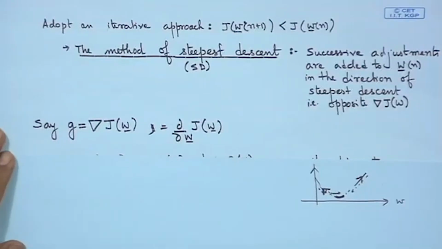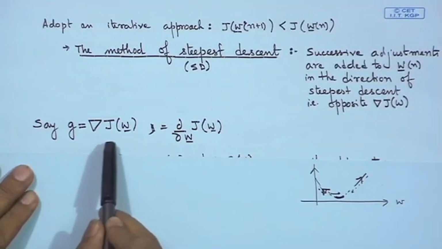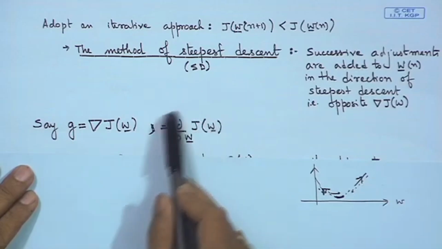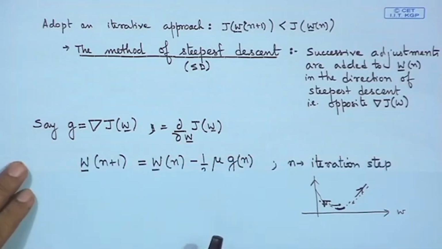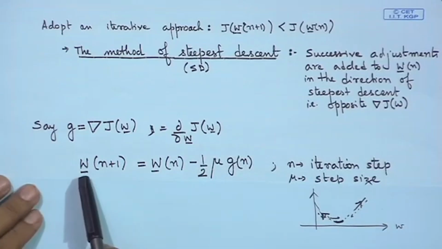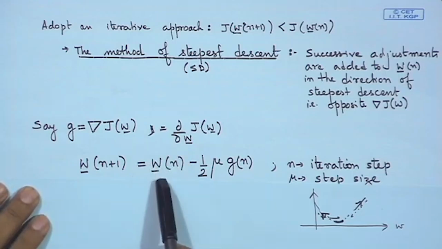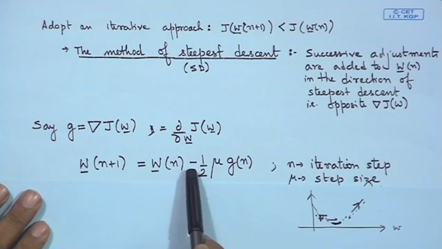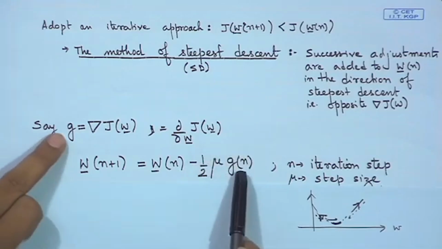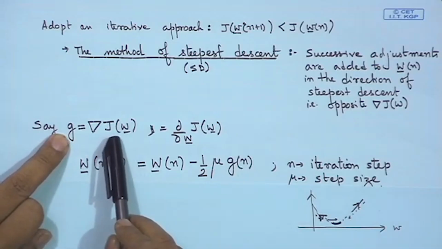So, moving ahead, let us say we define G as the gradient of J, which is the derivative of J with respect to W. We can define the weights in the next iteration as the weights in the previous iteration adjusted with some step which is a function of G. So, one has to calculate the slope.